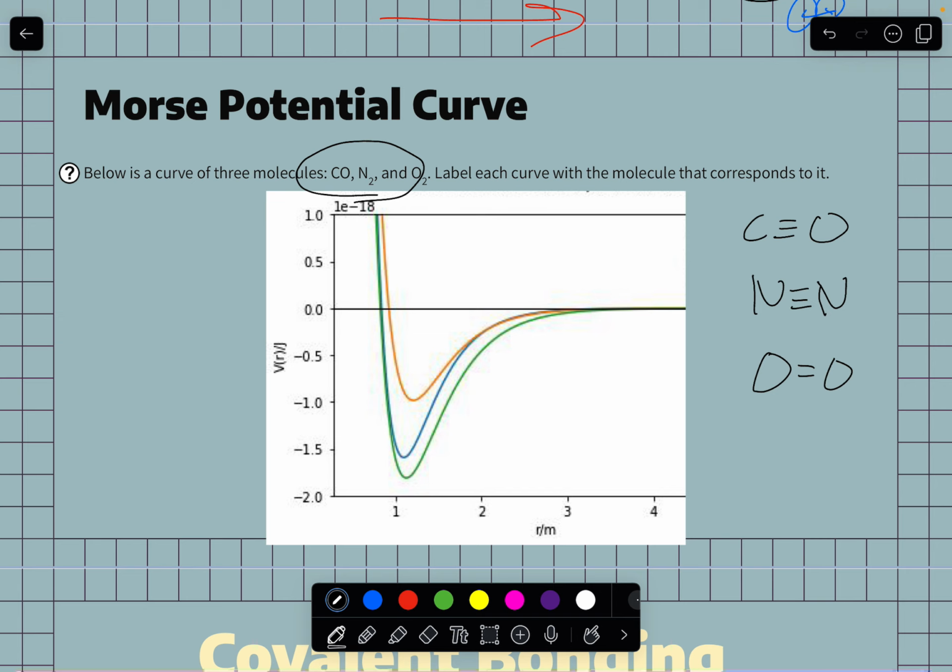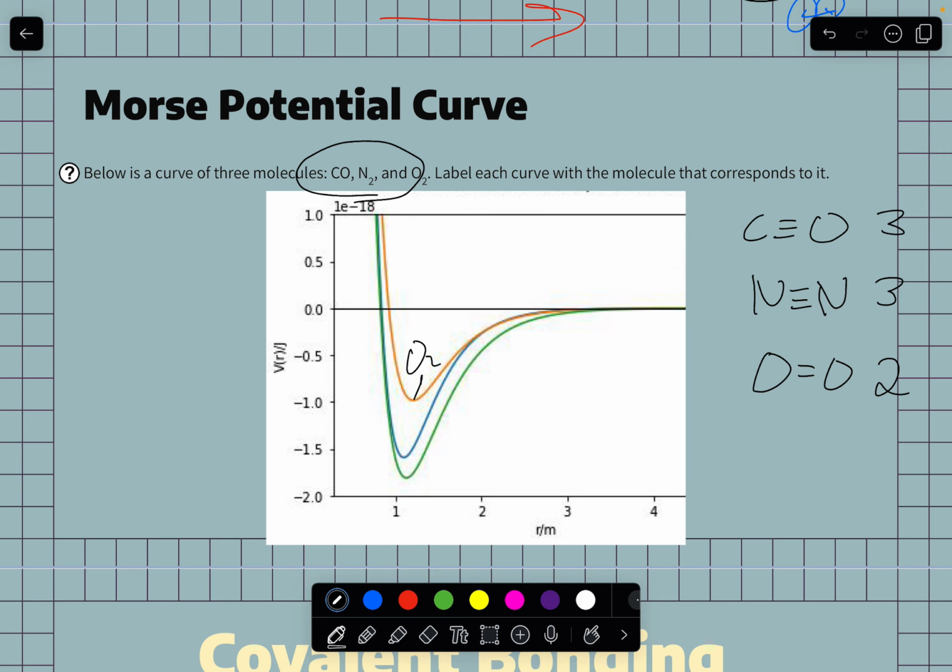We have a triple bond in CO, a triple bond in N2, and a double bond in O2. Since there's less bonding in the double bond, it's going to be weaker. Remember, weaker bonding should be further out, less energy. So we know our yellow curve here is going to be our O2. Let me write that, it's kind of hard to see. Our yellow is going to be O2.